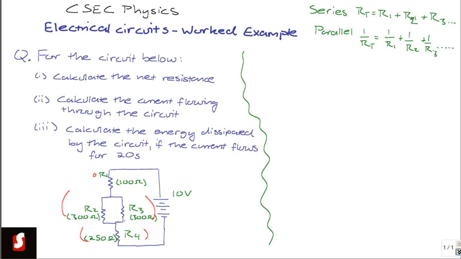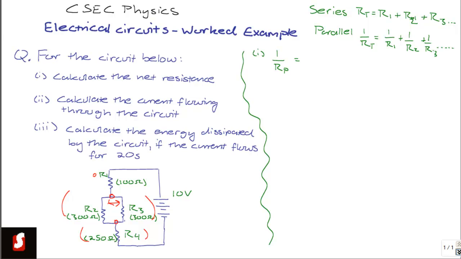However, R2 and R3 are in parallel with each other because they share a common connection point at both the upper and lower terminals. So the parallel resistance contributed by R2 and R3, which we're going to call Rp, is calculated as follows.